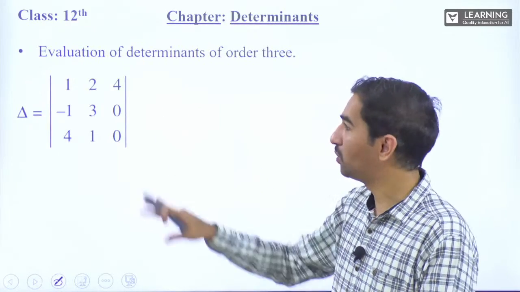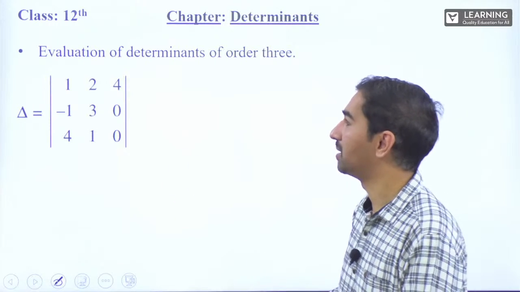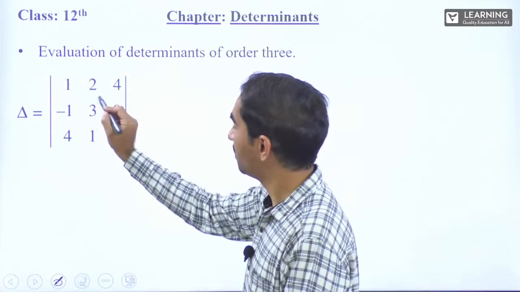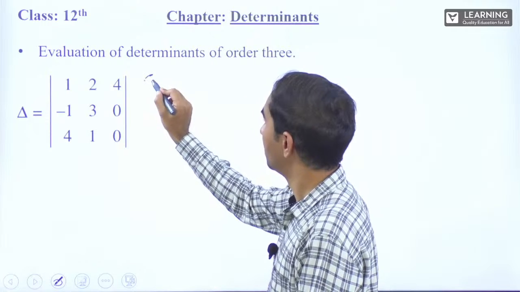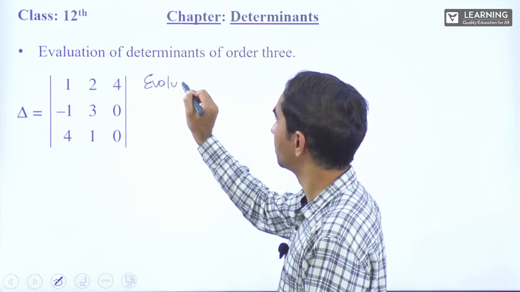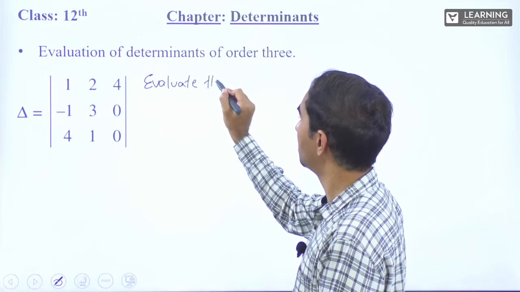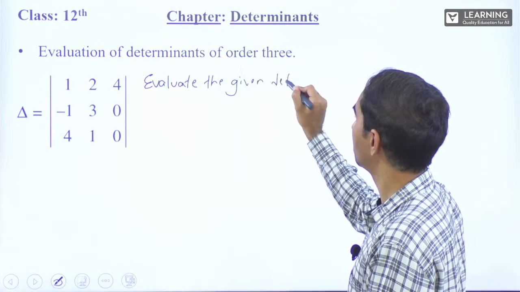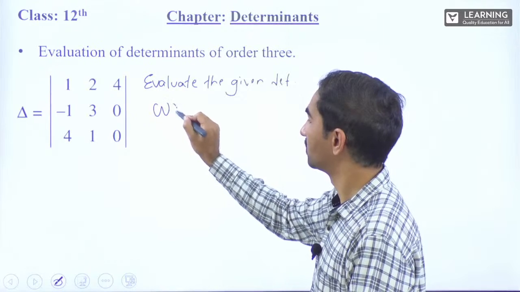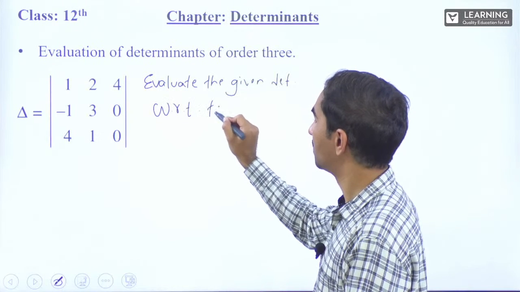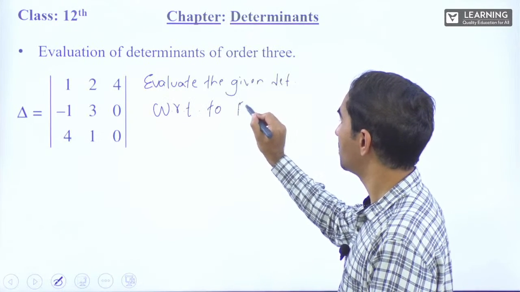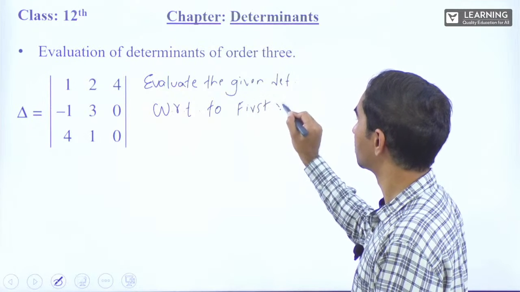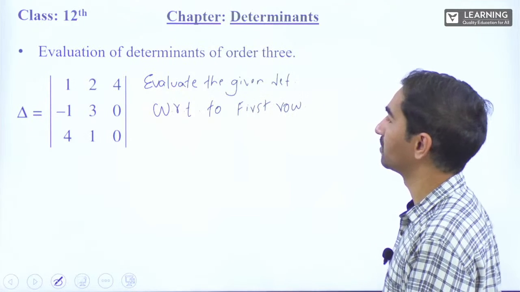So I'll tell you how we find out the determinant here. First we will evaluate the given determinant with respect to the first row.